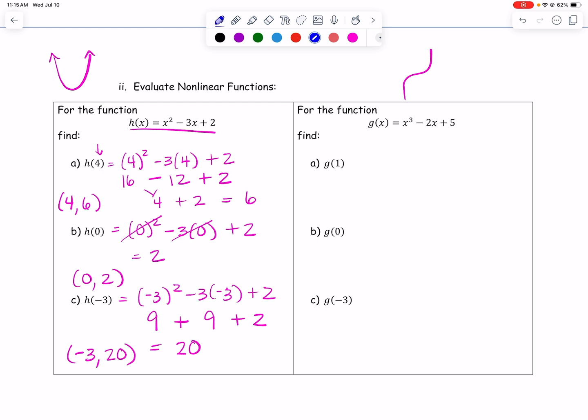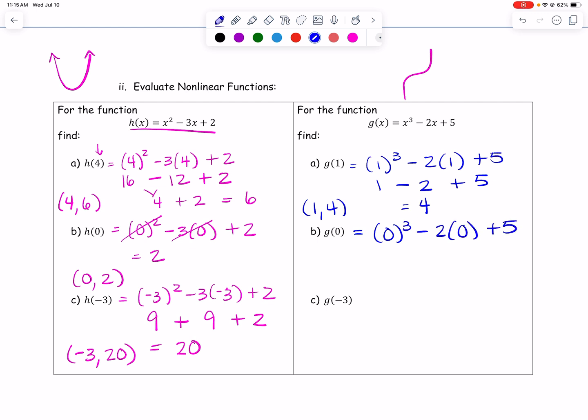All right, in a cubic function, we are going to do 1 and cube it minus 2 times 1 plus 5. So 1 minus 2 plus 5 is negative 1 plus 5, which is 4. So ordered pair would be 1, 4. 0 cubed minus 2 times 0 plus 5.